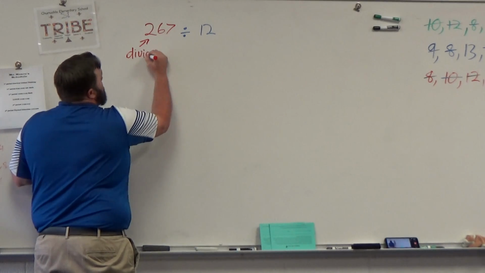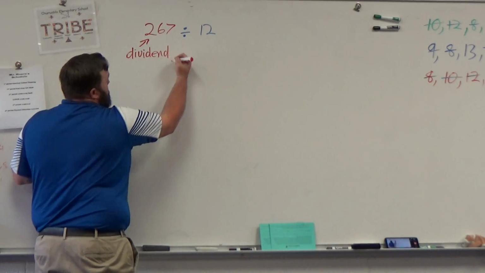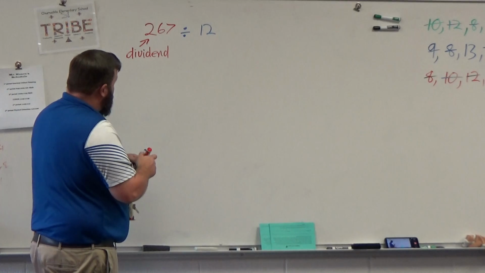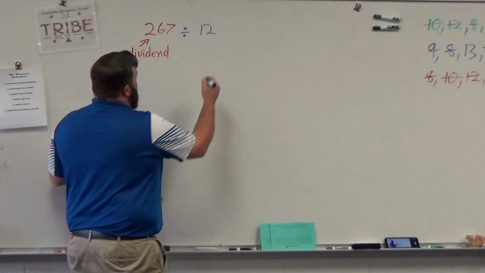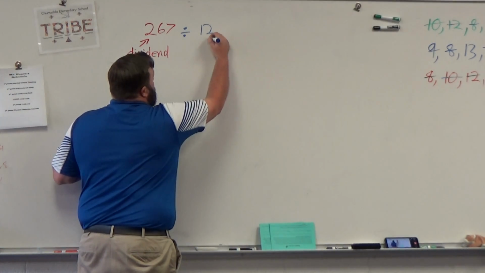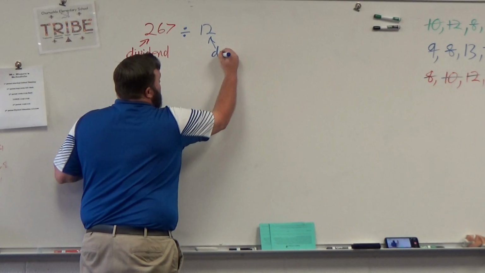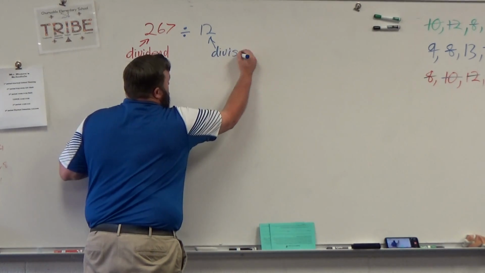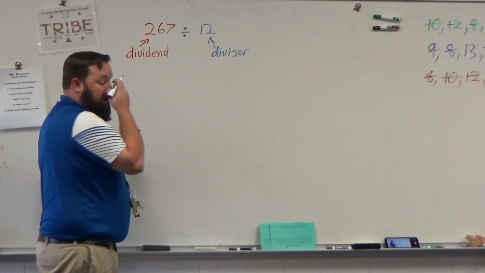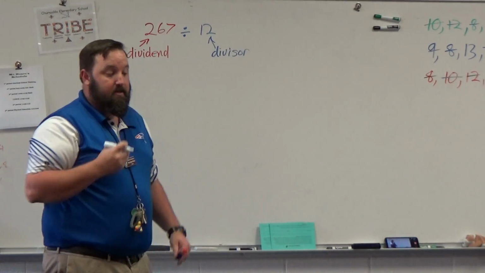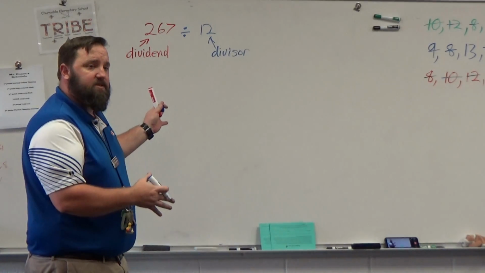That is our dividend. And the 12, we'll leave it blue. The 12 right here is our divisor. Alright? Divisor, like the anchor. So we have our dividend and our divisor.